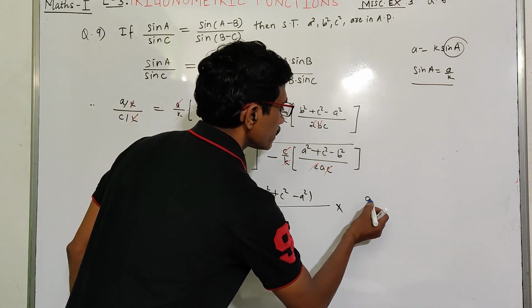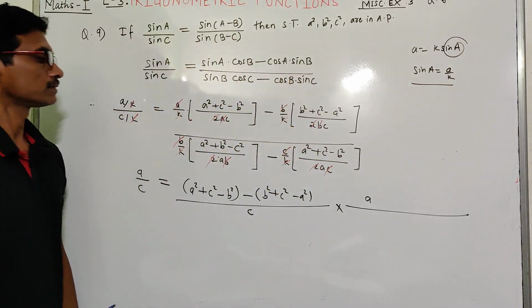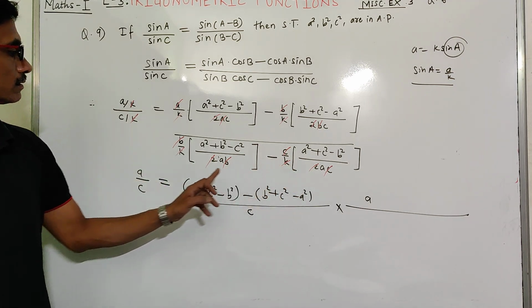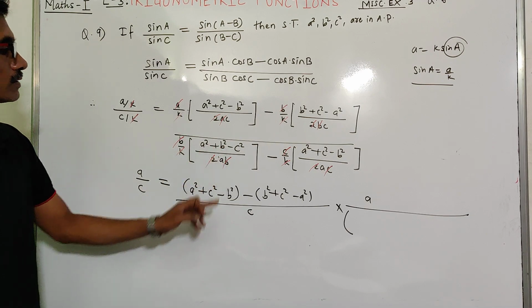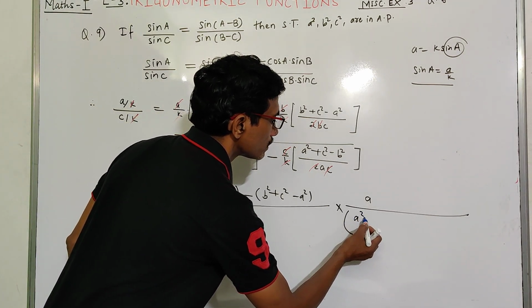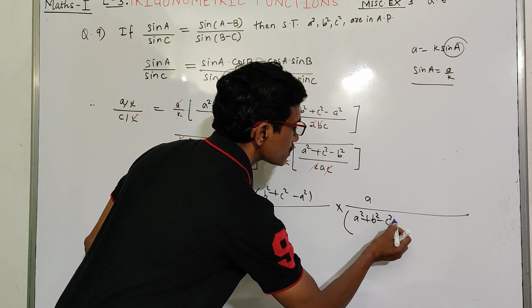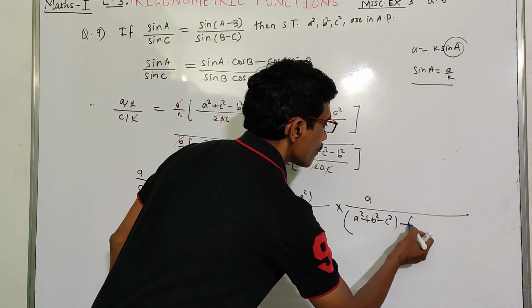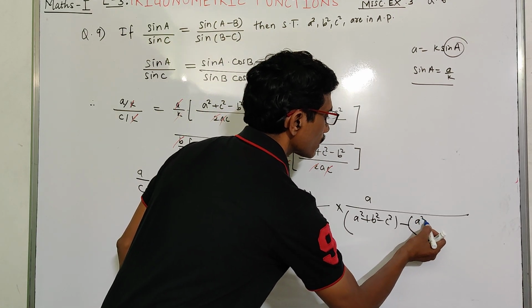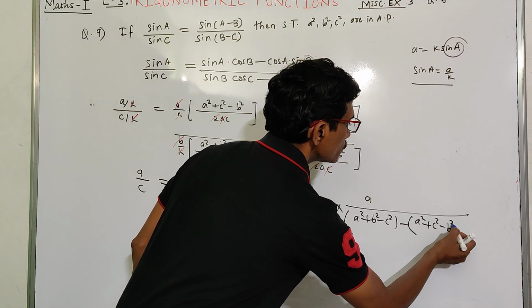So it is a upon, a is left in the denominator. Here a upon (a square plus b square minus c square) minus (b square minus c square)... minus (a square plus c square minus b square).